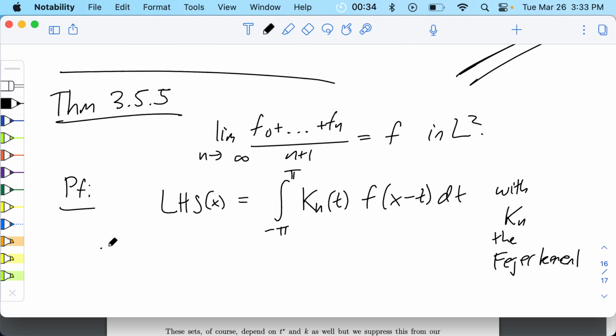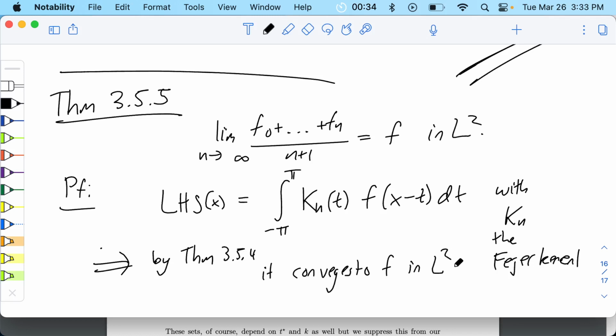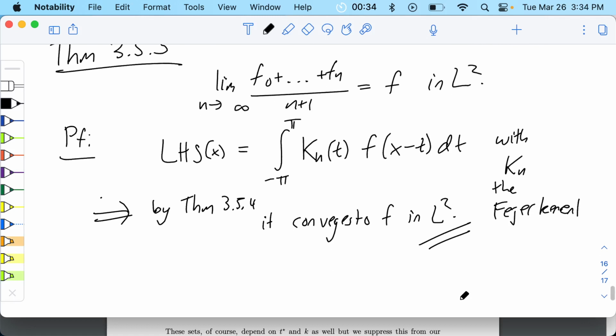This sum is actually the integral against kn. And we showed that it's a kernel, and therefore by theorem 3.5.4 it converges to f in L2. So it's a nice way of saying, look, we did all the stuff that we had to do. This converges to that.